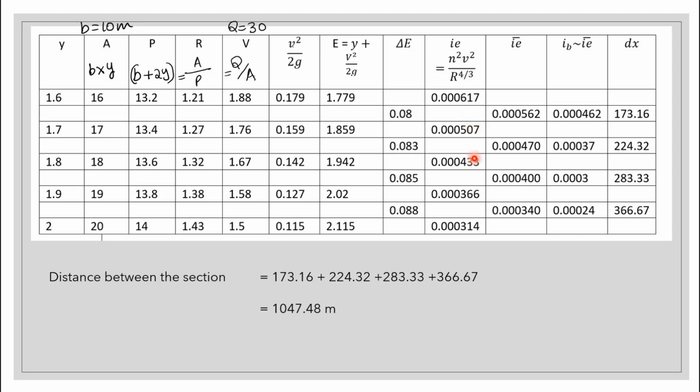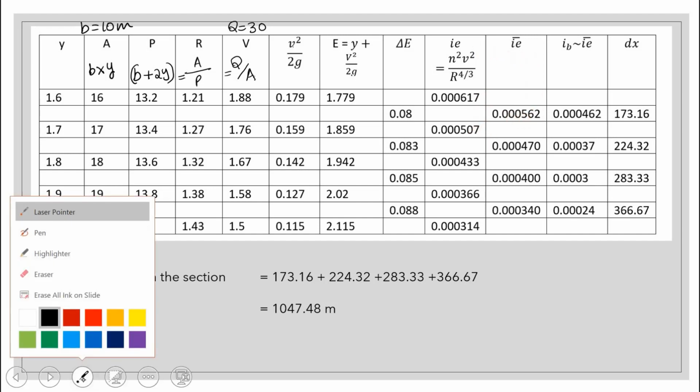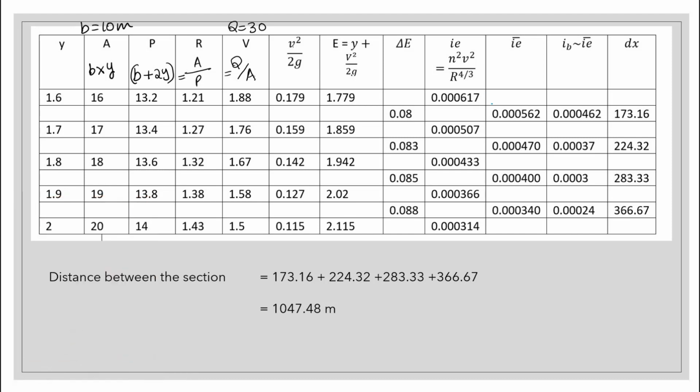So for each depth you will get the energy line slope, and then find the average of these two. So IE dash is the average of these two, that is IE1 plus IE2 divided by 2. Consecutive slopes are added and averaged.